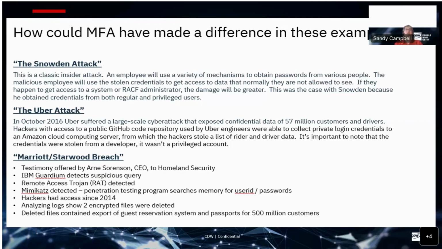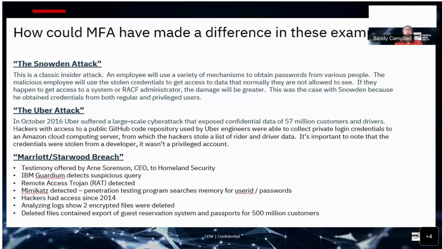The Uber attack in 2016 exposed confidential data of 57 million customers and drivers. They used a public GitHub code repository used by Uber engineers to collect private login credentials to the Amazon cloud, from which they stole a list of rider and driver data.